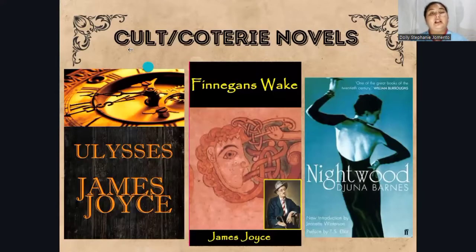So in here are the examples of cult and coterie novels. It sometimes happens that books directed at highly cultivated audiences like Ulysses, Finnegans Wake, and Nightwood achieve a wider response, sometimes because of their daring in the exploitation of sex or obscenity, more often because of a vitality shared with more demotic fiction.